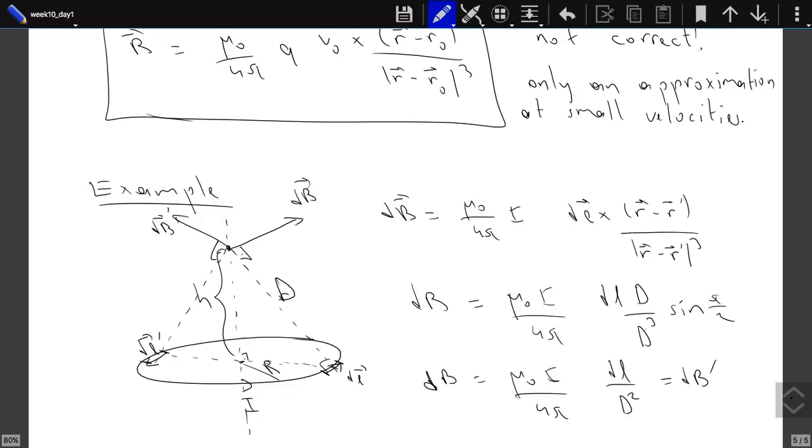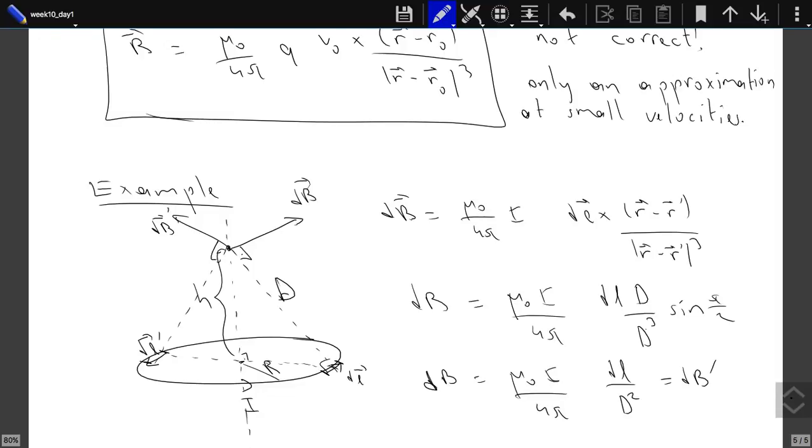But then what I did was, this is my ring. I get a dl over here in this direction, another dl over here in the opposite direction. One contributes to the total magnetic field in this direction, the other one contributes in that direction. When I take the sum, their horizontal components would be equal because they make the same angle and have the same magnitude.